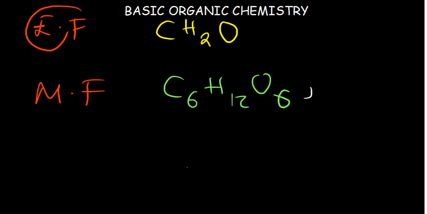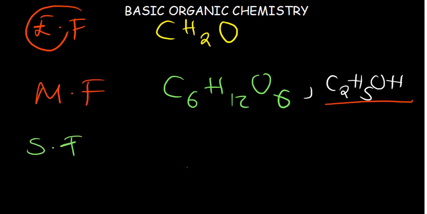For example, C2H5OH is the formula of one of our alcohols. So you can also look at what we call structural formulas. We have different structural formulas, and we can see how we present them.